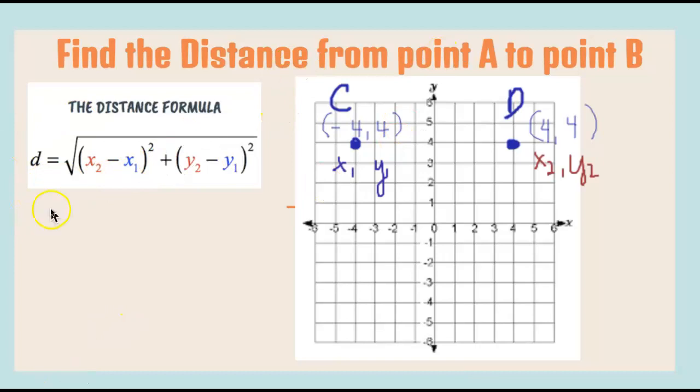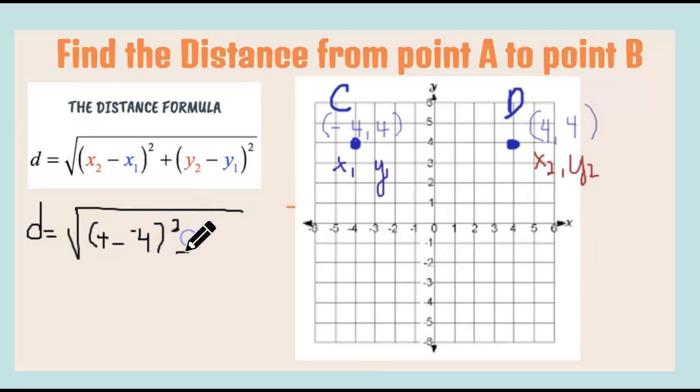So our formula's distance is the square root of the second coordinate of x, which is 4, minus the first coordinate of x, which is -4, squared. It's almost the same as what we had in the first one. Plus the second coordinate of y, which is 4, minus the first coordinate of y, which is also 4, squared. Let's double check.